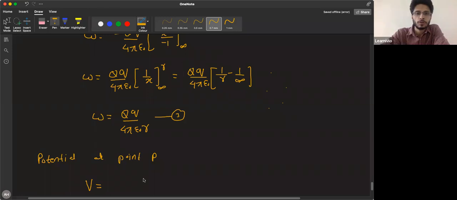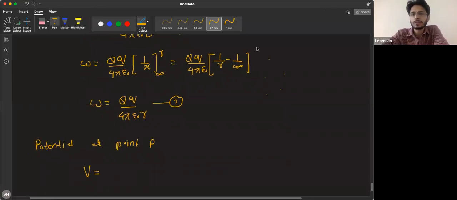Sorry. So for potential, what is the relation between potential and work done? We calculated work done in carrying charge from infinity to the point. How to calculate potential?